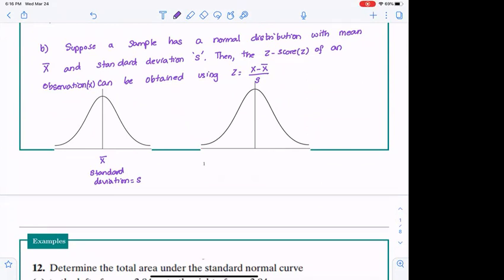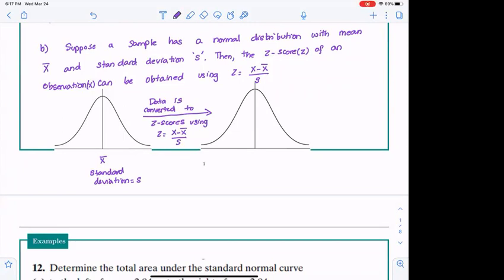And if I convert them to z-scores, so the data is converted using the formula x minus x bar divided by S. So I take every observation in the sample, use it in the formula, and I convert it to z-scores.